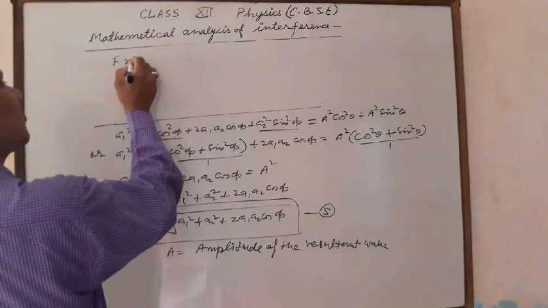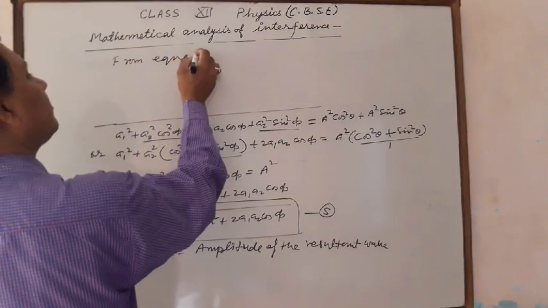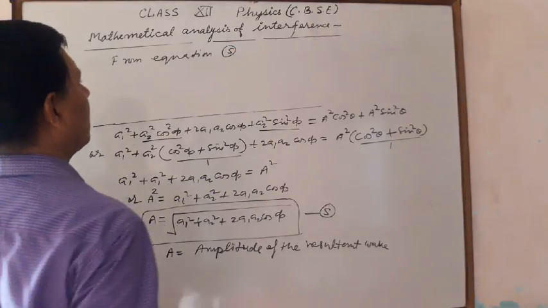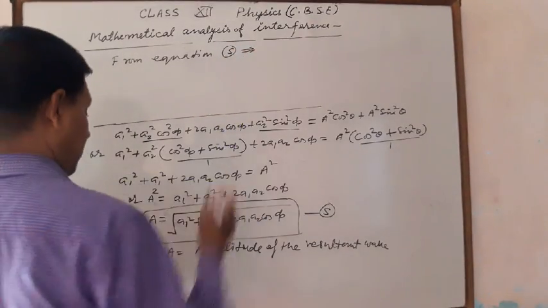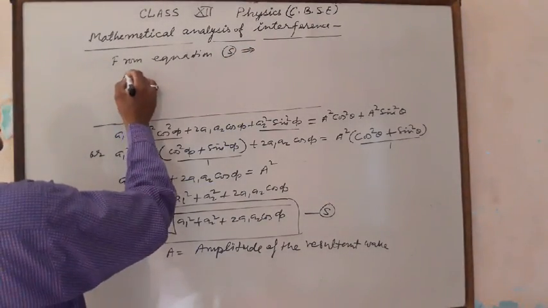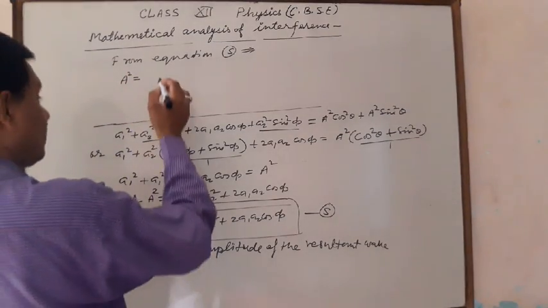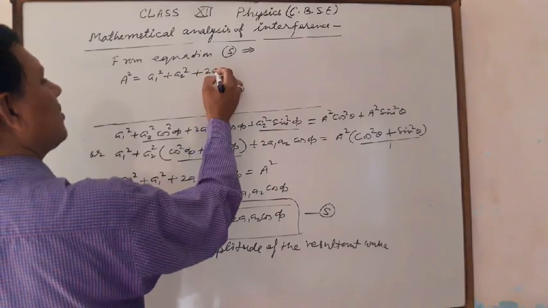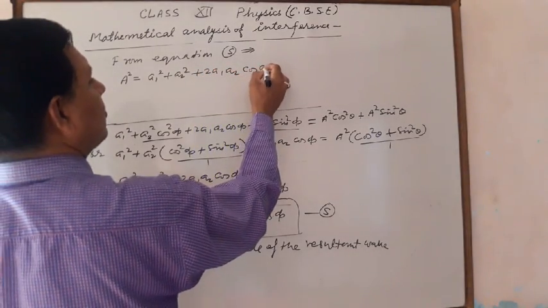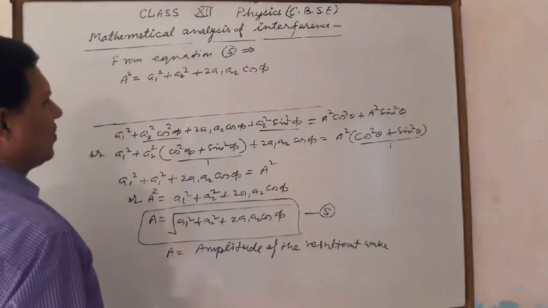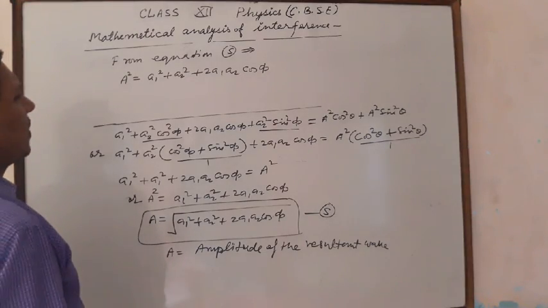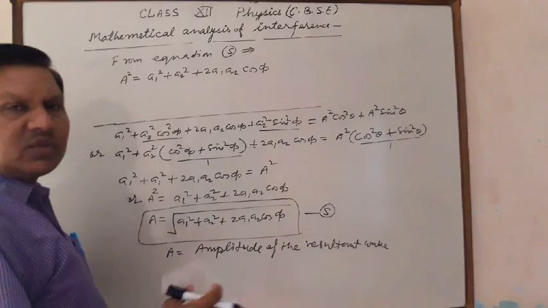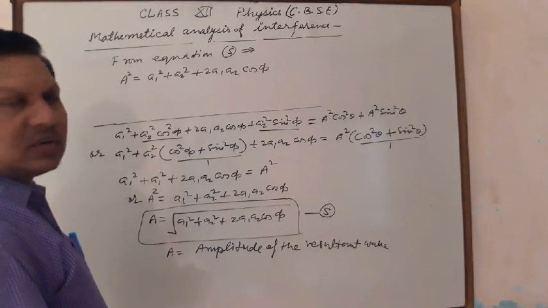From equation 5, we can write A square is equal to A1 square plus A2 square plus 2A1 A2 cos phi.